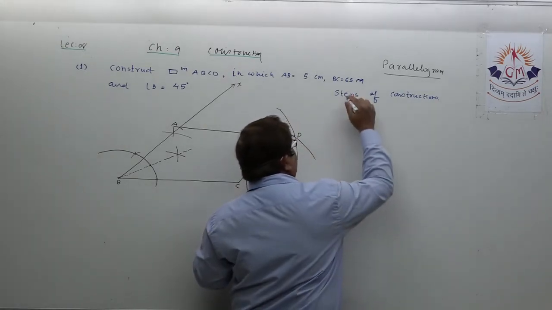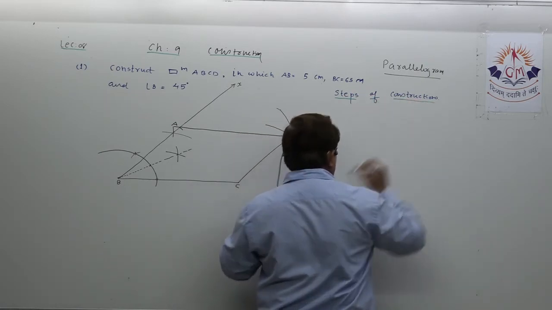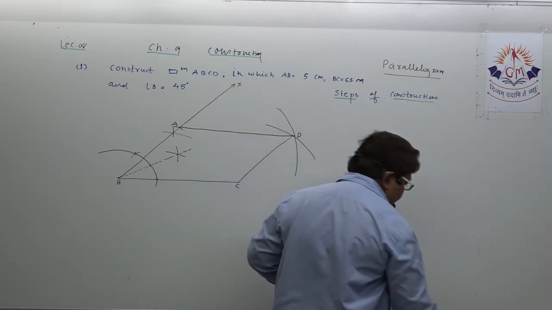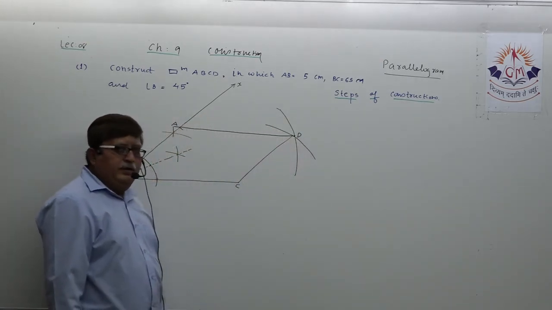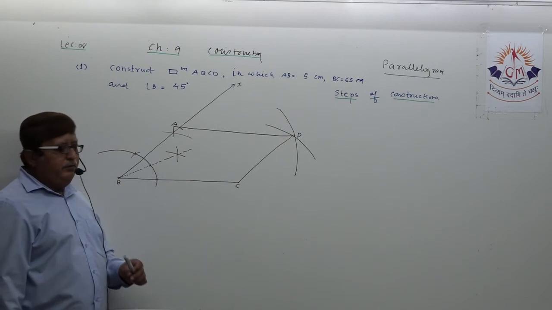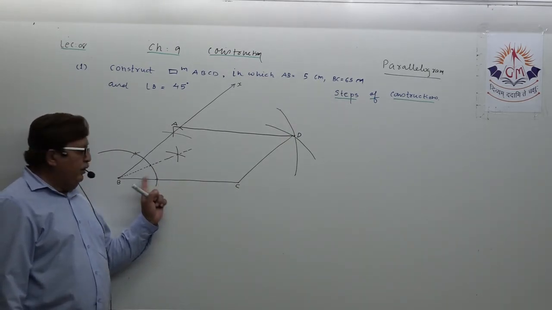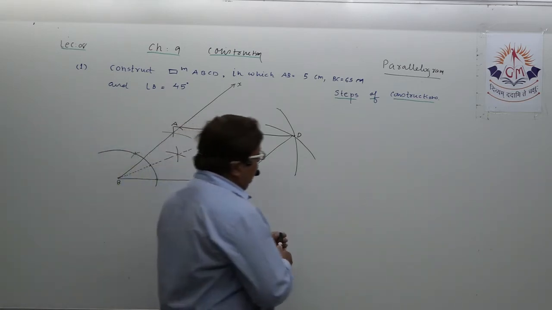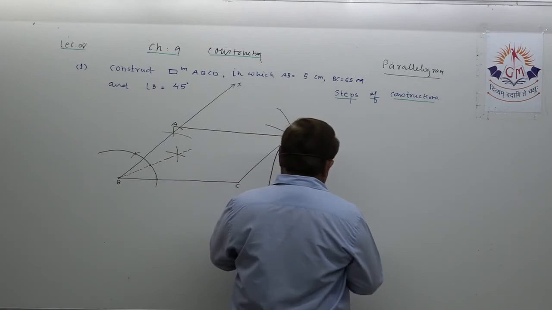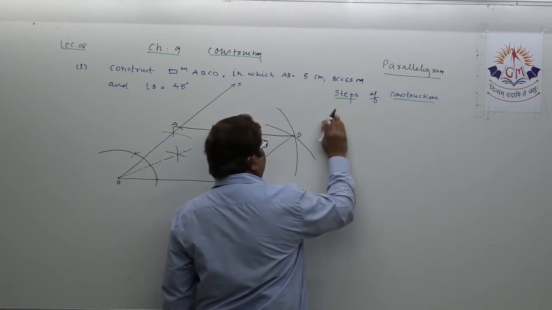Steps of construction, as you all know, is just the sequence of the steps you followed in completing the construction. The first step, what you have done, you have constructed BC of 6.5 centimeter. So the first step which you will write is this.